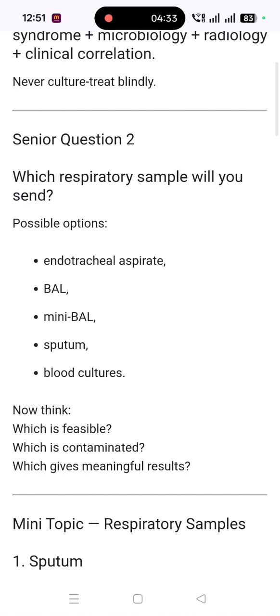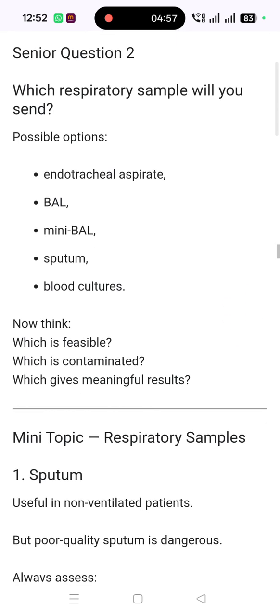What is the difference between these, how they are collected, and how and when you should collect them? Why not BAL every time, which one is better than the other, what is sputum, what is BAL, how sputum is collected, how BAL is collected, and in which case which one should be preferred. These are things you should know.